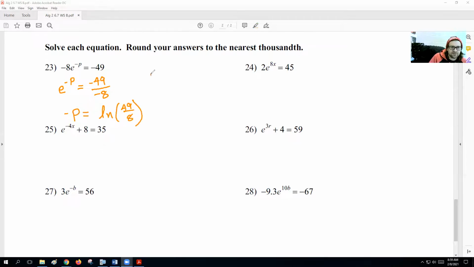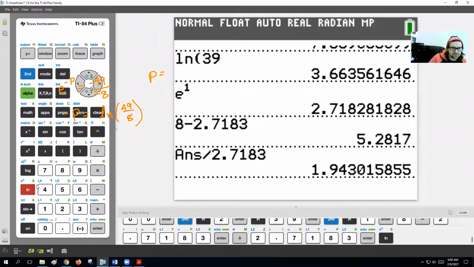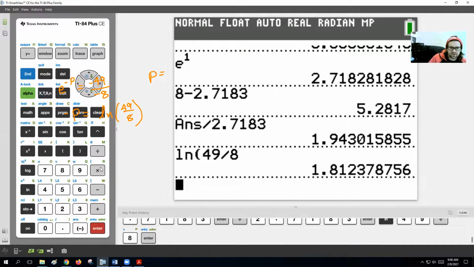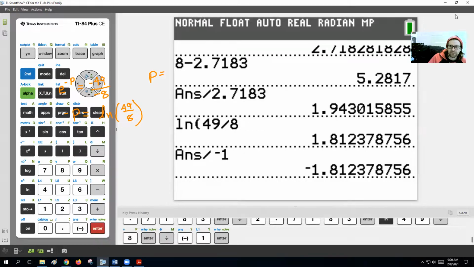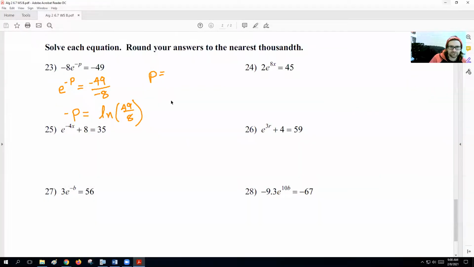Then we get our answer, whatever that answer is, you'll divide it by negative 1. So if we type in the calculator here, what's the natural log of 49 divided by 8? Get 1 point, and we divide that by negative 1. All we do is just change the sign, negative 1.8124.